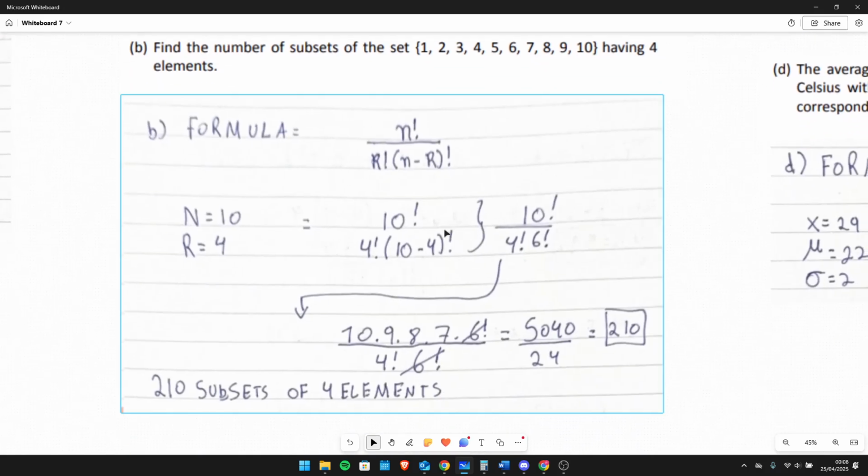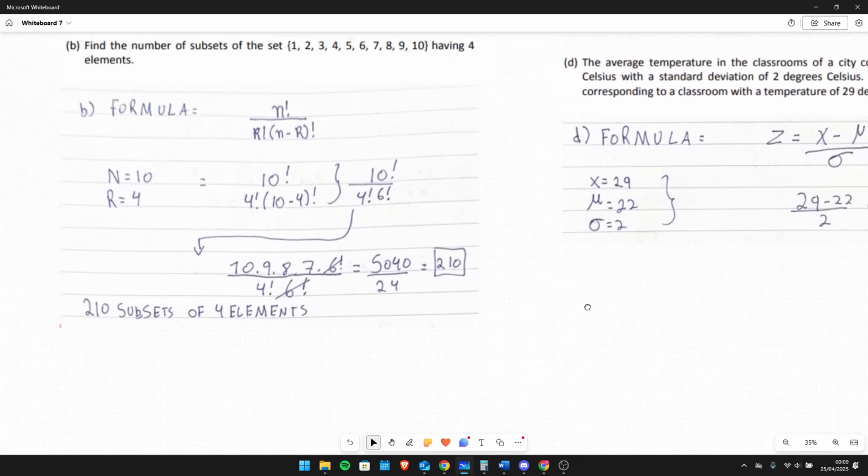So you have 10 factorial divided by 4 factorial times 6 factorial. If you see here, 10 multiplied by 9, multiplied by 8, multiplied by 7, multiplied by 6 factorial. You can cut them out, so you have only 10 times 9 times 8 times 7 divided by 4 factorial, which is 5040 divided by 24, which is equal to 210. So the answer is 210 subsets of 4 elements. And that's it, just use this formula.